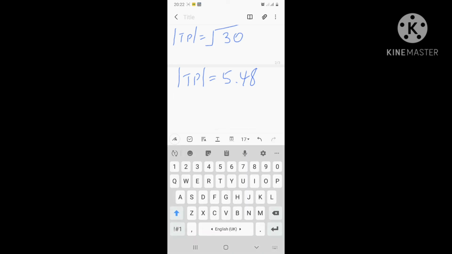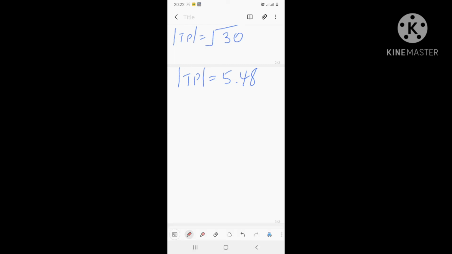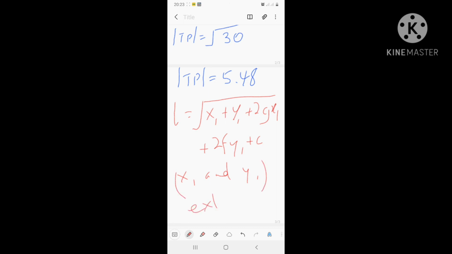If you're looking for the length of a tangent, it is equal to the square root of the equation of the circle, so x1 squared plus y1 squared plus 2g x1 plus 2f y1 plus c, where x1 and y1 are the coordinates of the exterior point.